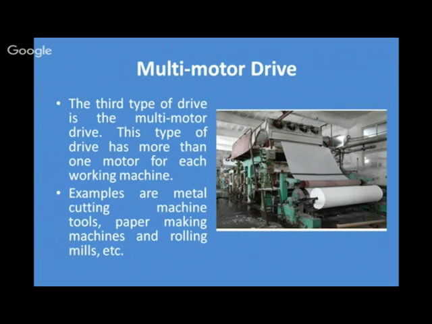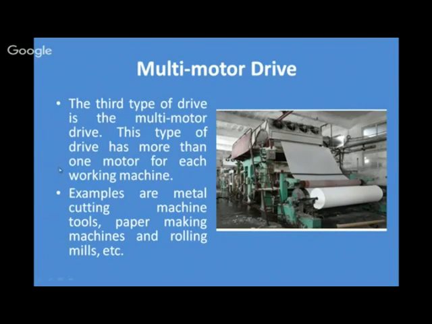And the third type of classification is the multi-motor drive. This is basically used in systems which have a requirement of more complex types of motions or more drives for a particular application.